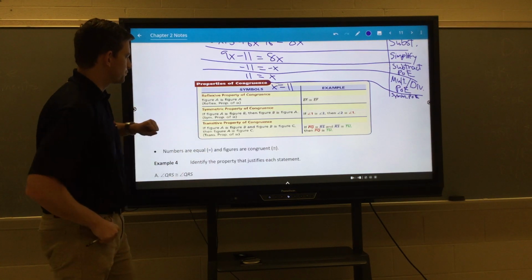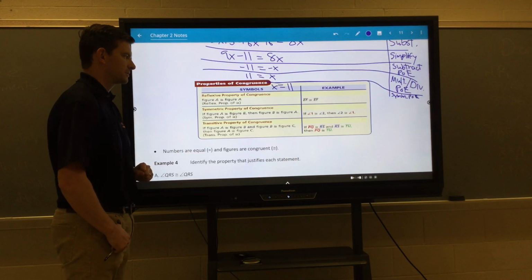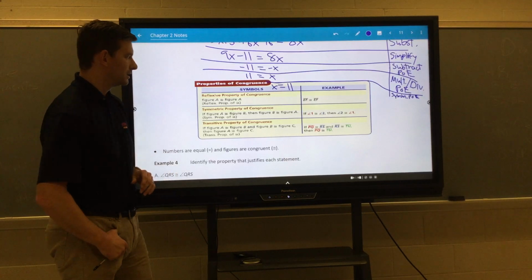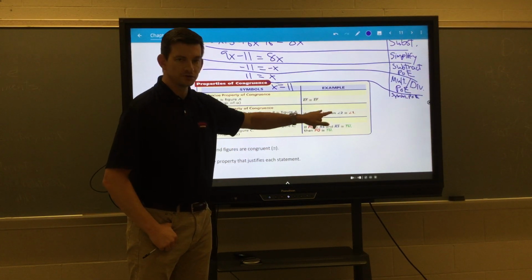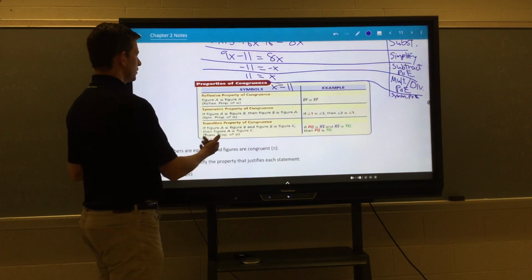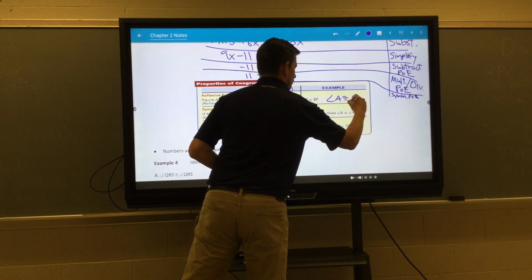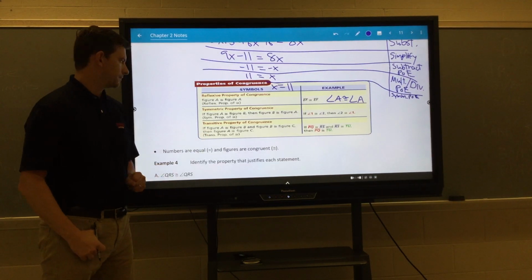So we have reflexive property of congruence, symmetric property of congruence, and transitive property of congruence. They're still stating the same things as the properties of equality, but now you're talking about segments being congruent or angles being congruent. Okay, we have segment EF congruent to itself. We could also say something like angle A is congruent to angle A. It's a reflexive property.